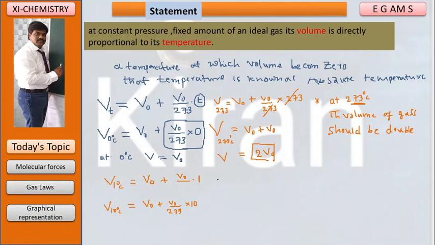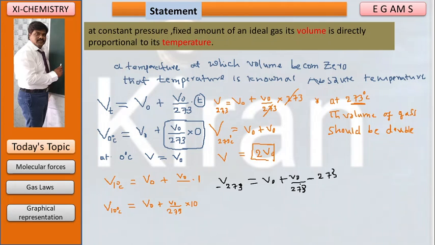So V at 273, I am writing, this is minus 273 is equal to V naught plus V naught by 273 into minus 273 temperature.